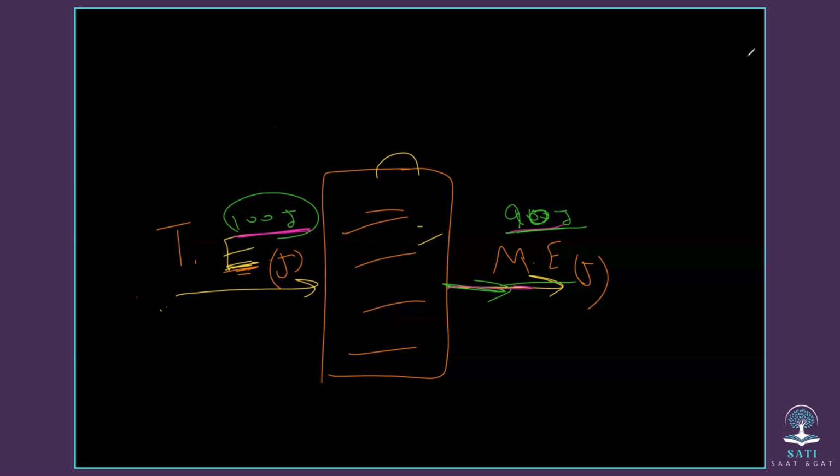What will be the efficiency of the engine? The output divided by the input. So 90 over 100 is going to be 90%. This is what the efficiency of an engine means: the amount of work that this engine does based on the quantity of energy that is supplied to that engine.